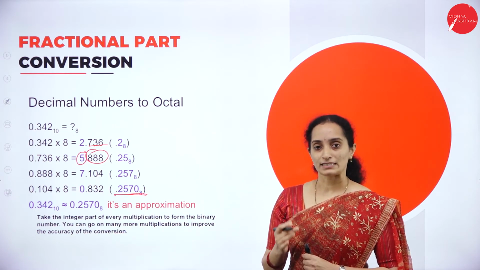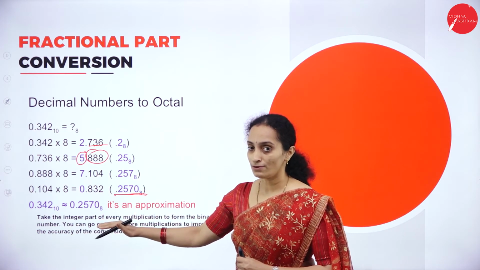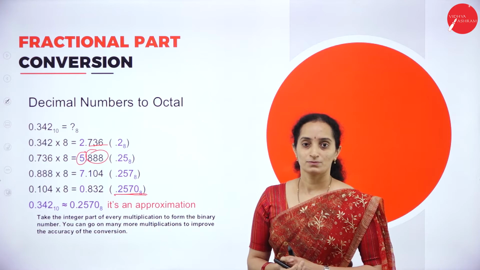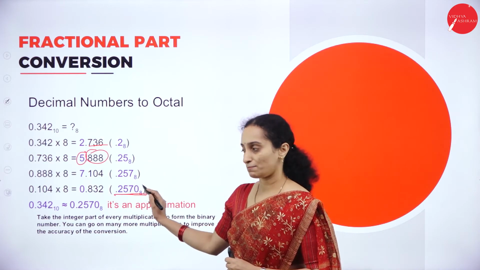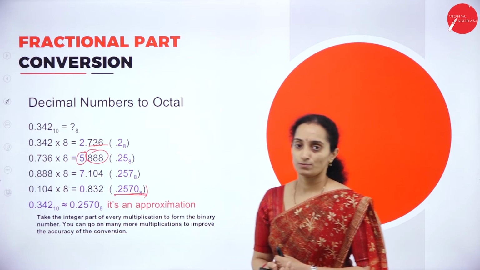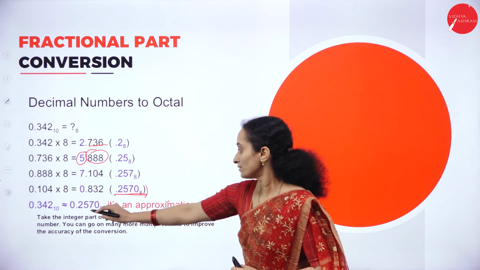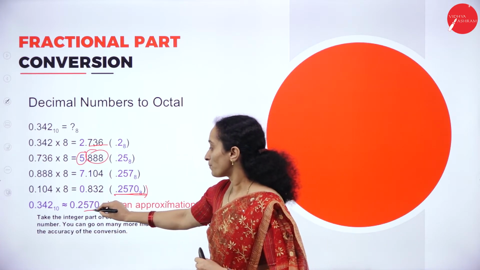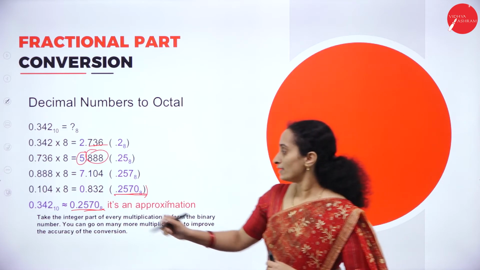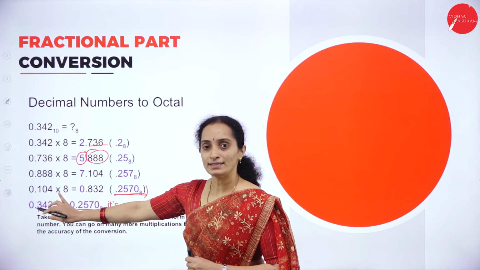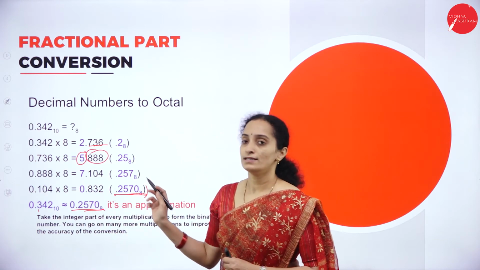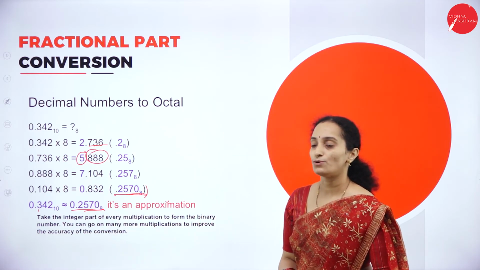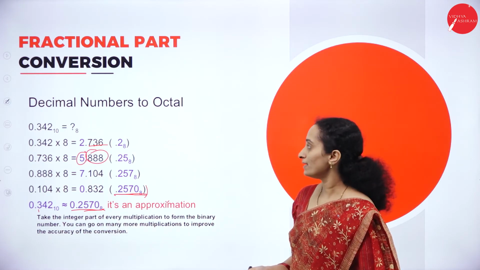What we can do is stop the multiplication at the 4th position. So this is an approximation, not the exact conversion. This is the approximate value of the number 0.342 in base 10 to base 8, 0.2570.